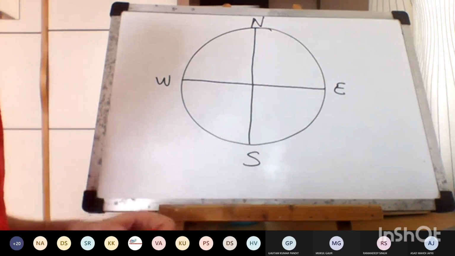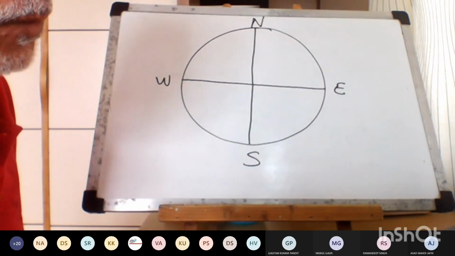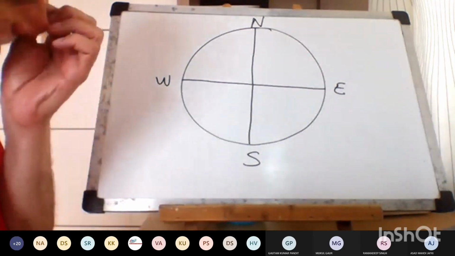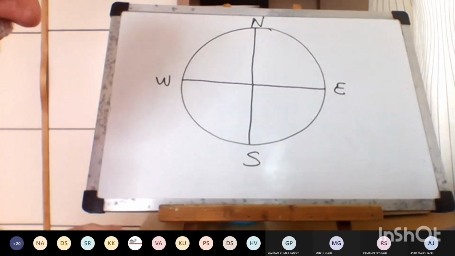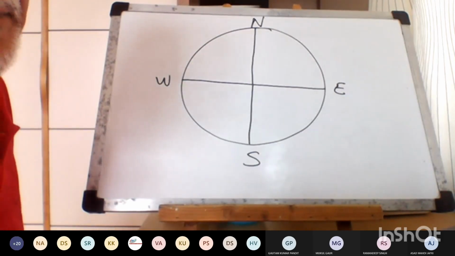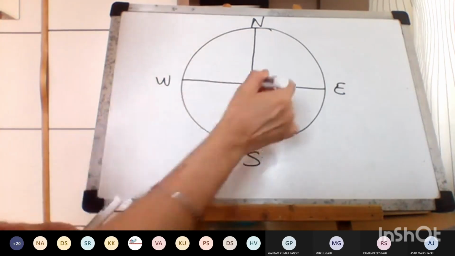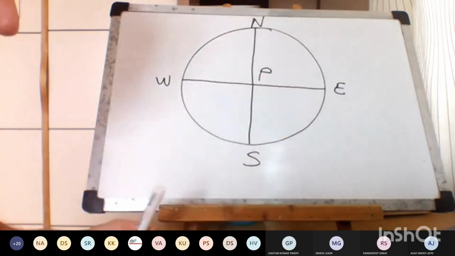Let us say there is a body which is rising in the east and setting in the west. And I will continue with the equinoctial diagram.